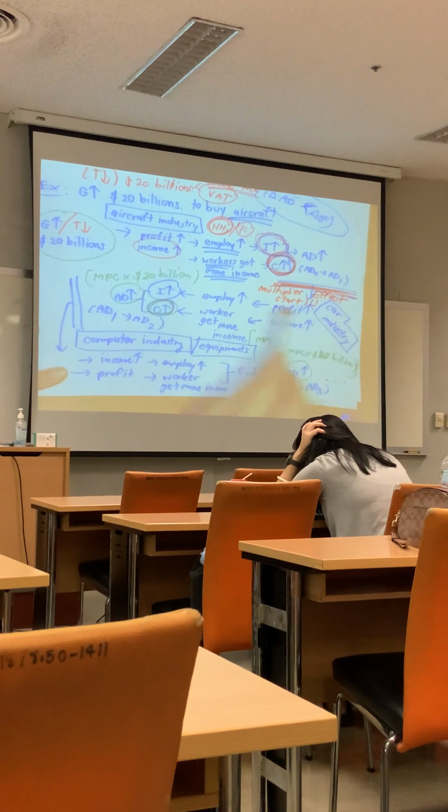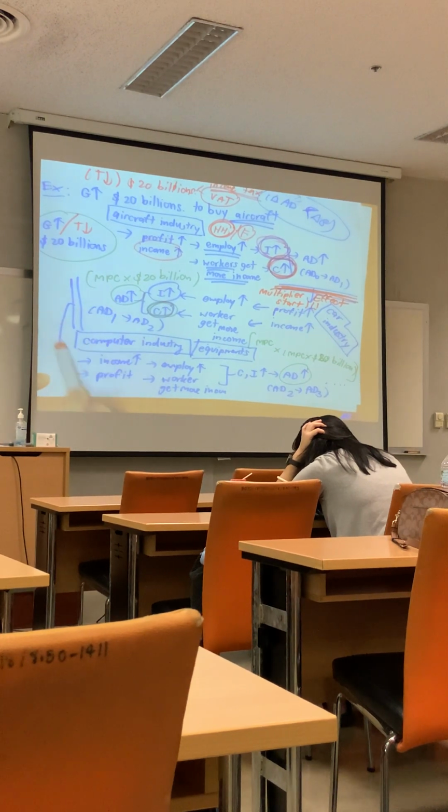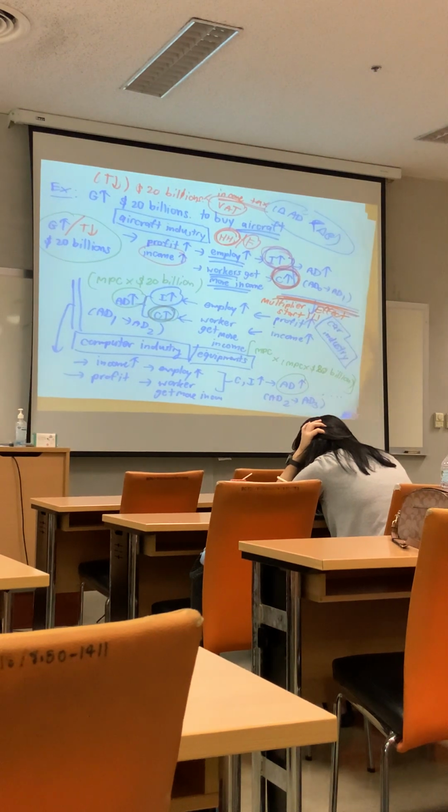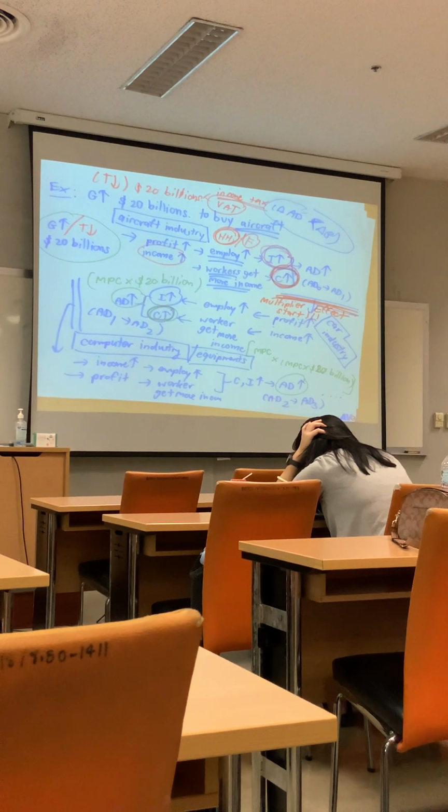They have more money, they spend more, and then they hire more labor, they can invest in another industry and so on. I think for tax, you just change your explanation of only the first shift, because if it's a household tax, it affects consumption first, but everything else will be the same.